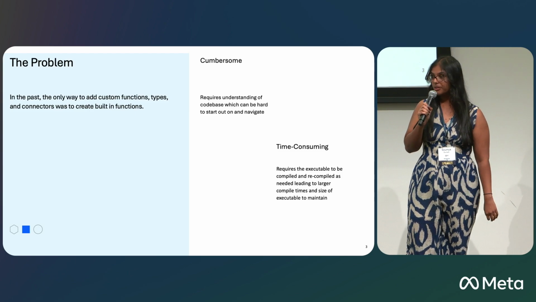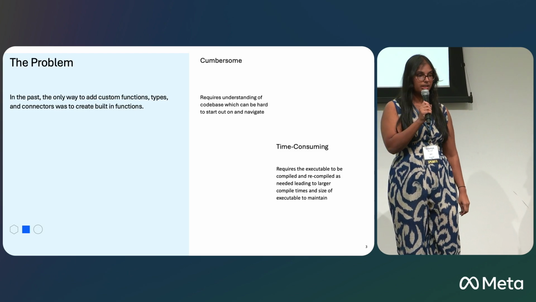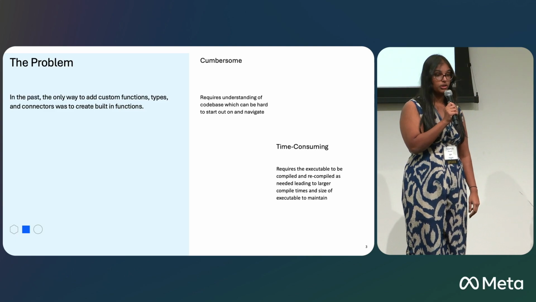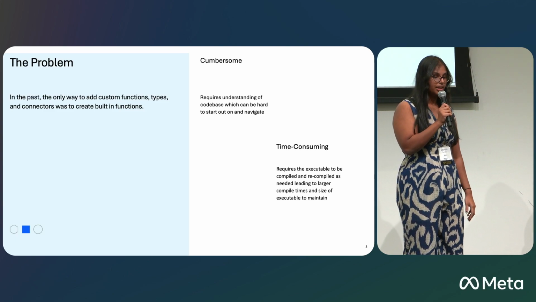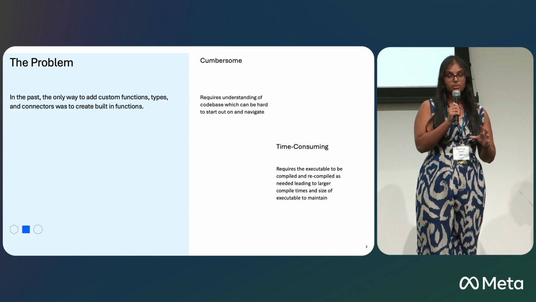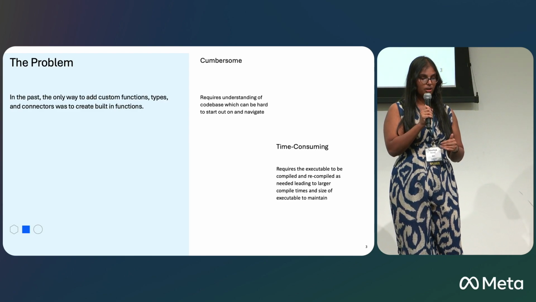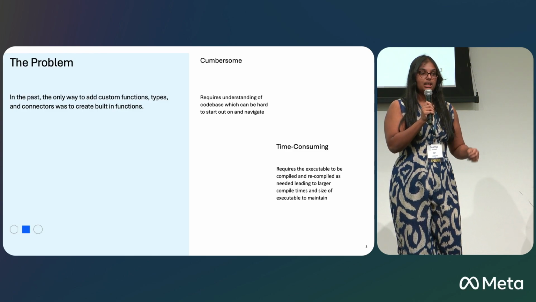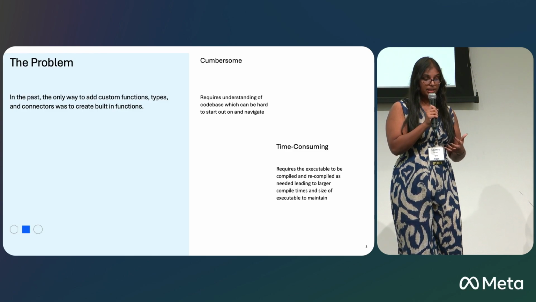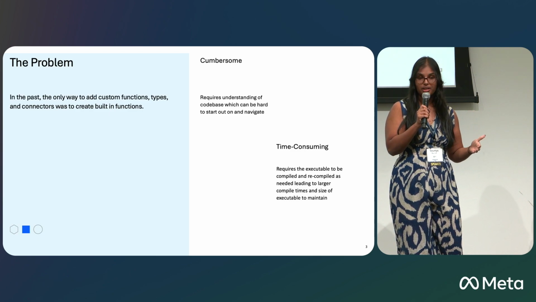That can be cumbersome in that it requires a lot of understanding of the code base to begin with, to know where to put the code, where to write the code, what to do with the code, and all of that, right? At the same time, it can also be time-consuming from a compilation standpoint, because compiling and recompiling can take longer time and make your executable larger, as all of your functions, connectors, types, and everything are sitting in the code base, right?